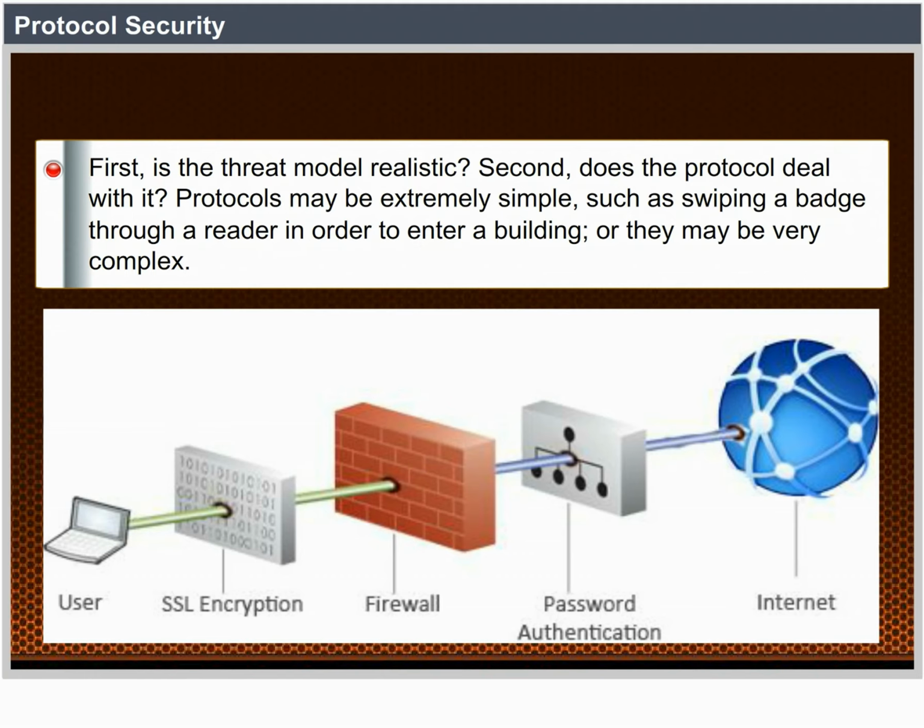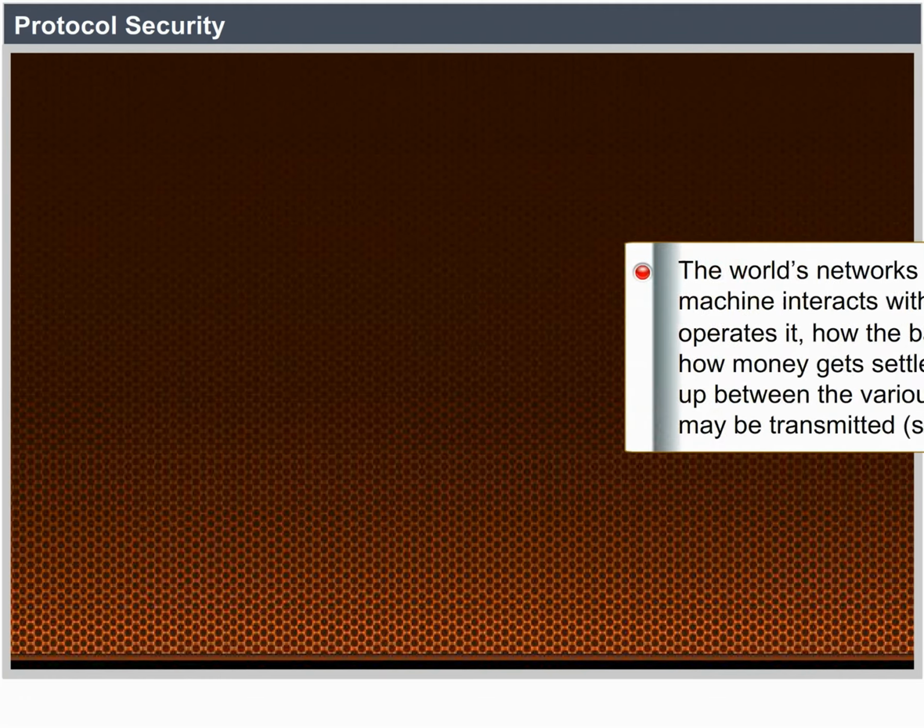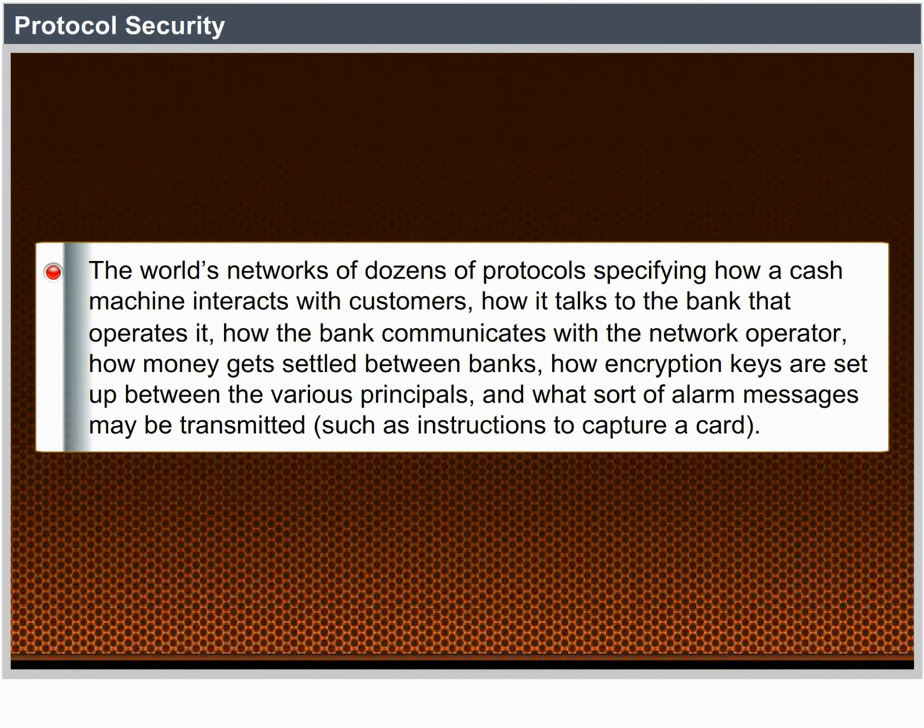Consider the world's networks of dozens of protocols specifying how a cash machine interacts with customers, how it talks to the bank that operates it, how the bank communicates with the network operator, how money gets settled between banks, how encryption keys are set up between the various principals, and what sort of alarm messages may be transmitted, such as instructions to capture a card.